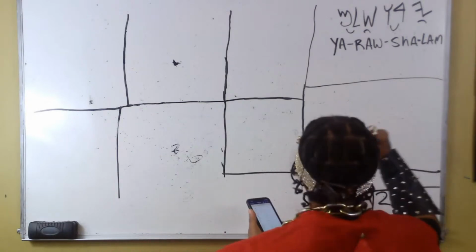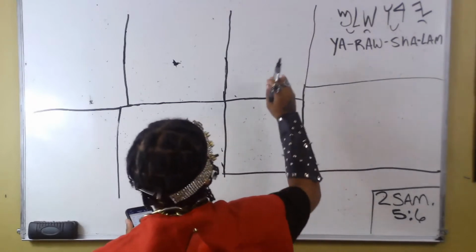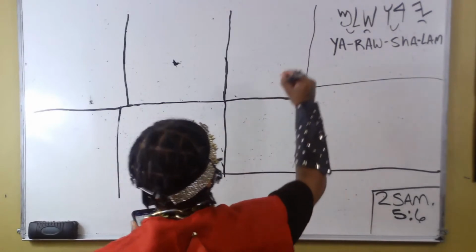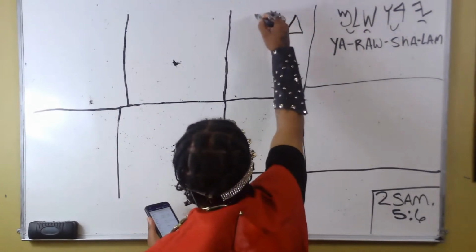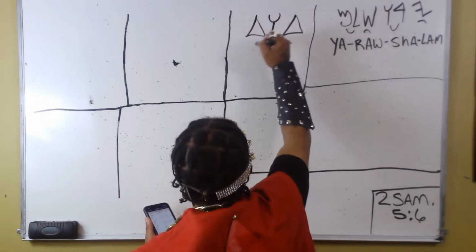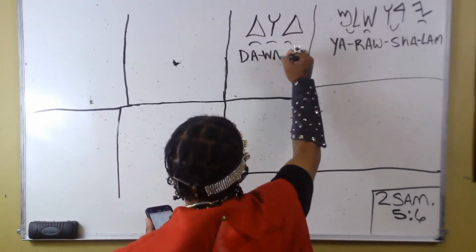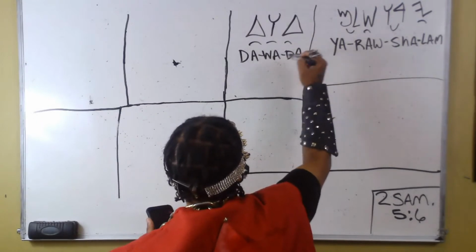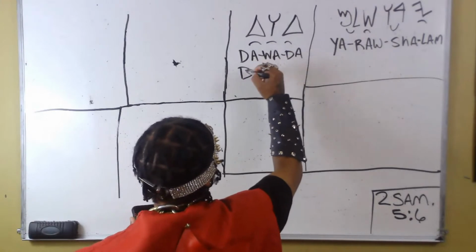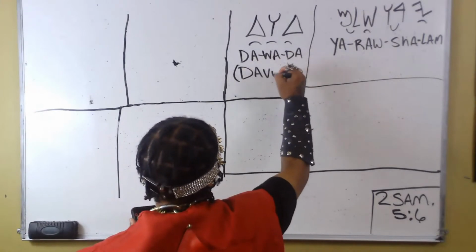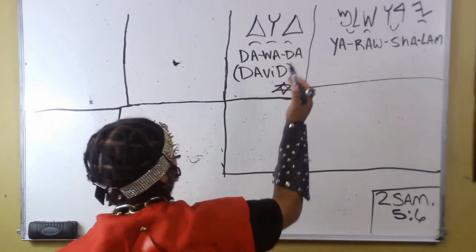Let's go here with it. Let's erase a little bit of that. Let's go with Dawada. Uh-oh, boys, Dawada. They getting scared now. Alright, Dawada is David, King David's name in Hebrew, which is where we get this shield from his signature.